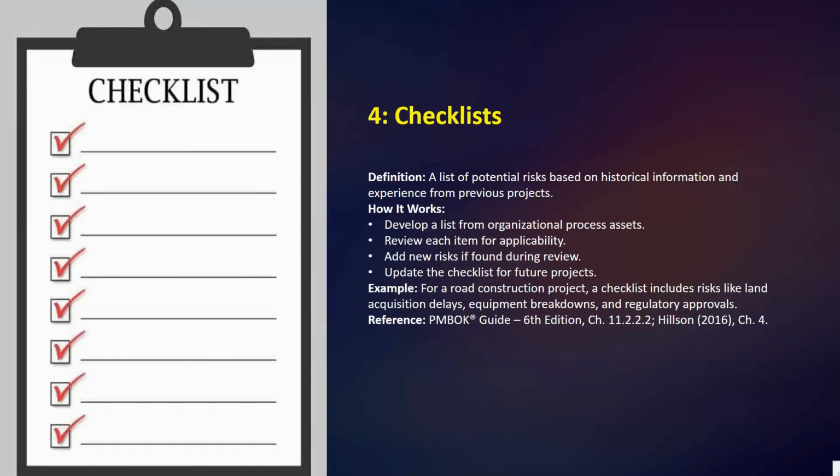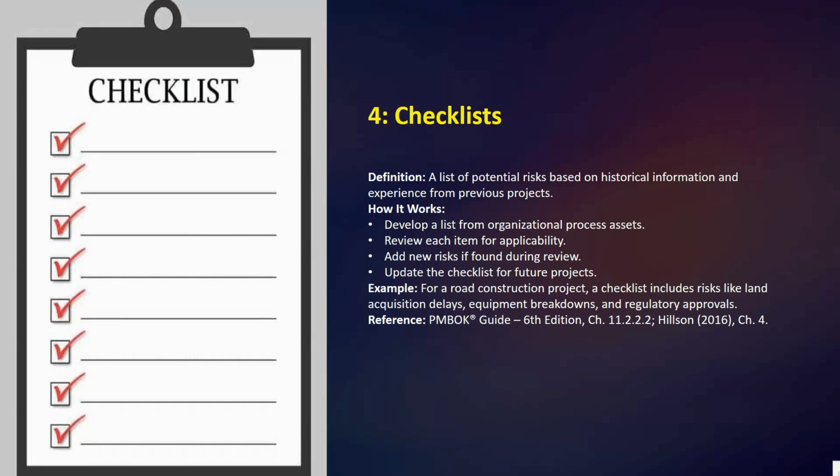Okay, so next we have number four, checklist. Actually, a checklist is a simple yet effective technique that leverages past experiences. It involves using a pre-existing list of potential risks compiled from previous similar projects within your organization or industry.